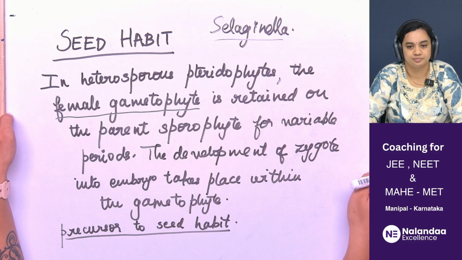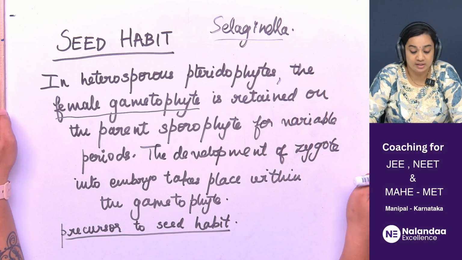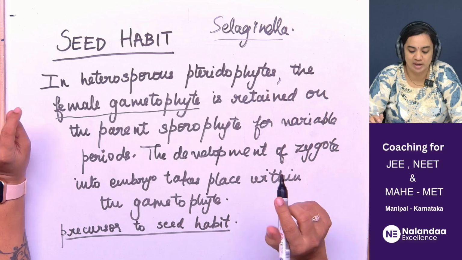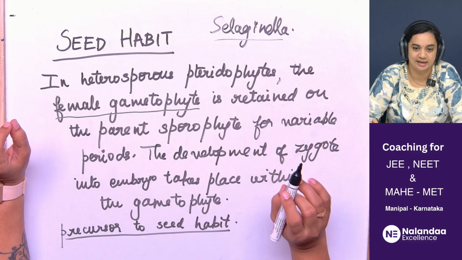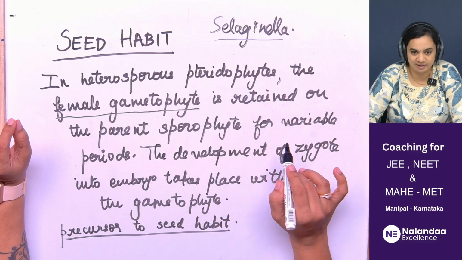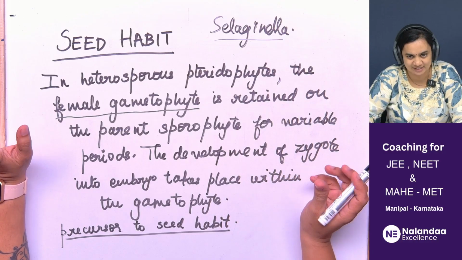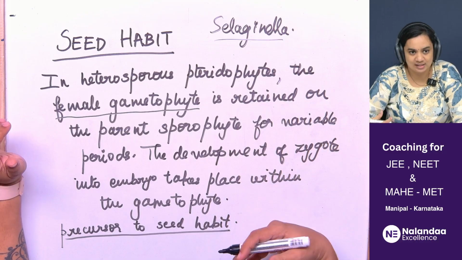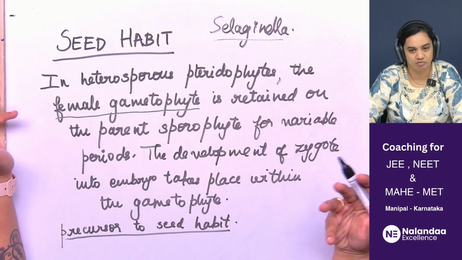So this is the seed habit, where the female gametophyte is retained on the parent sporophyte for variable periods, but later it gets released, and hence there is formation of the sporophyte eventually.